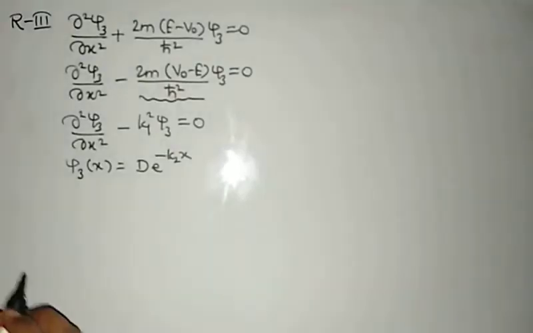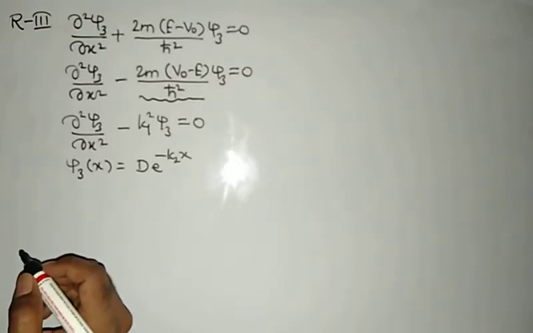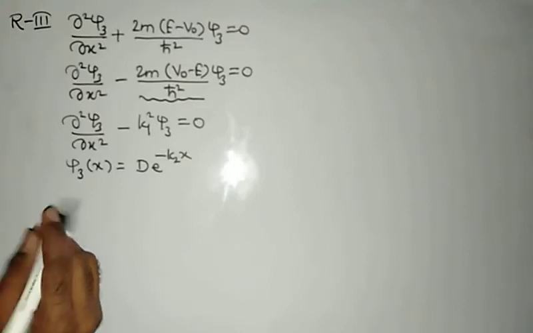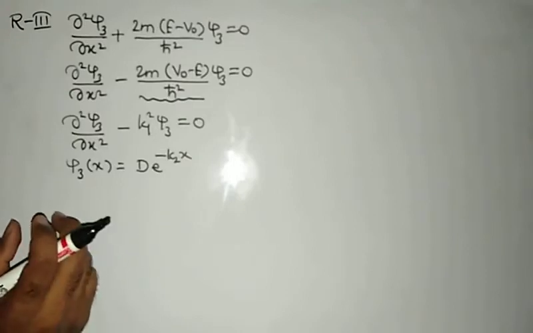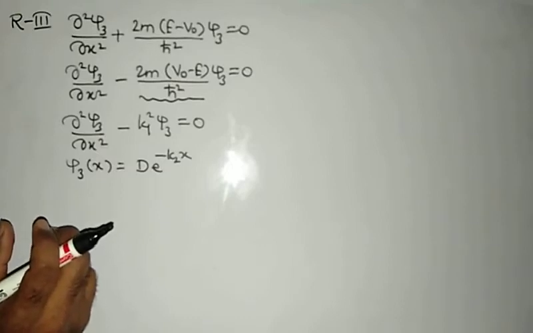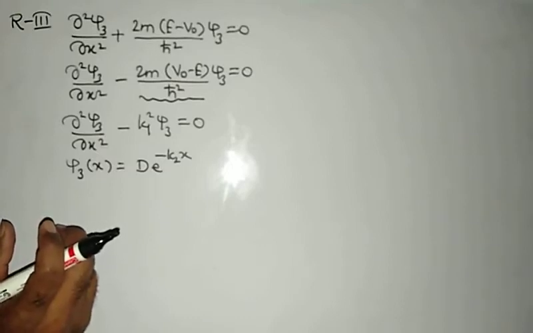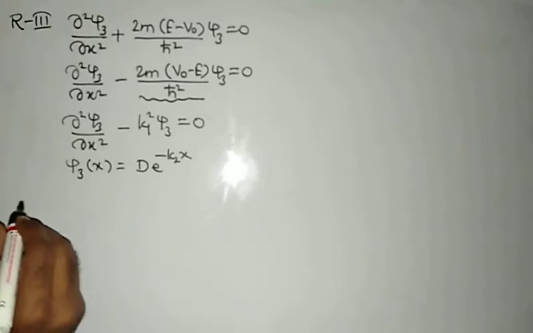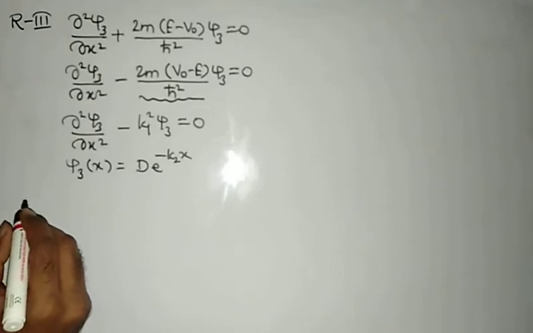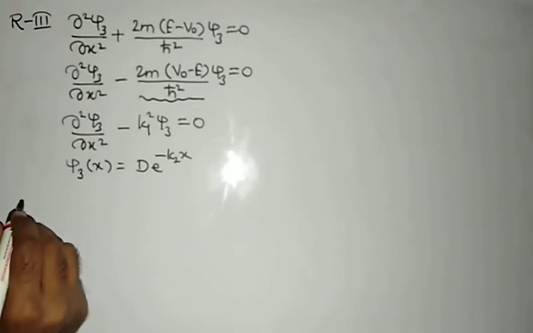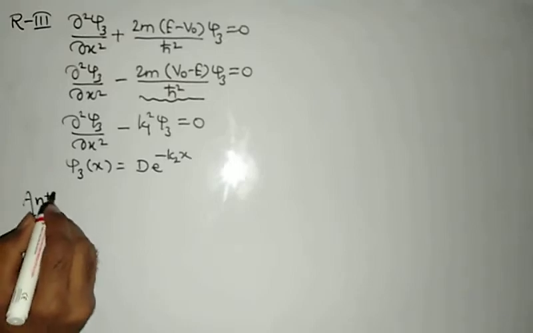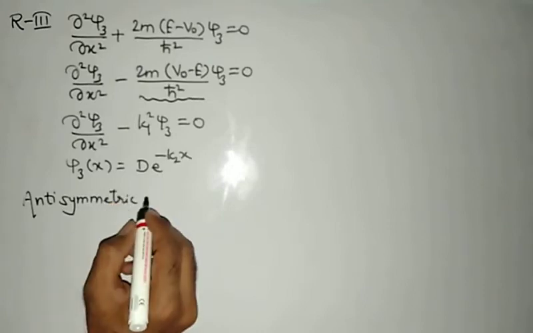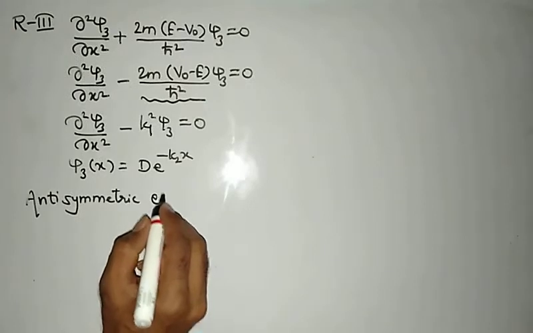So we get the wave function. We have said that according to the theorem, in a bound state eigenfunctions are symmetric or antisymmetric. So we have the antisymmetric wave function, we can write the eigenfunction also.